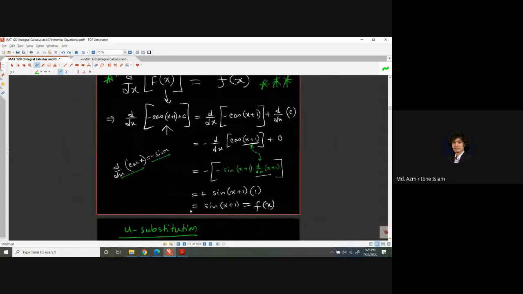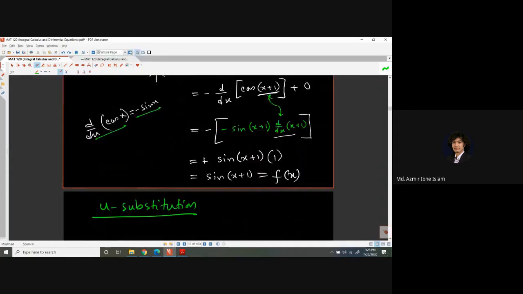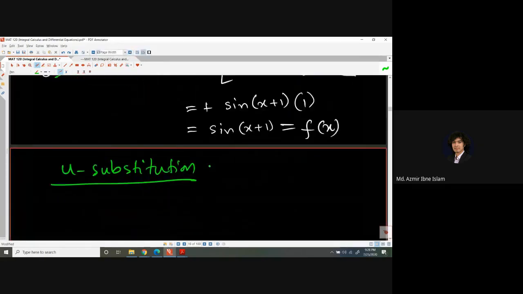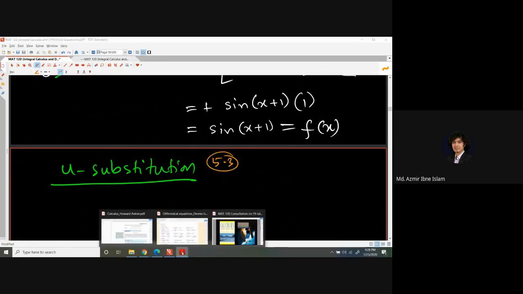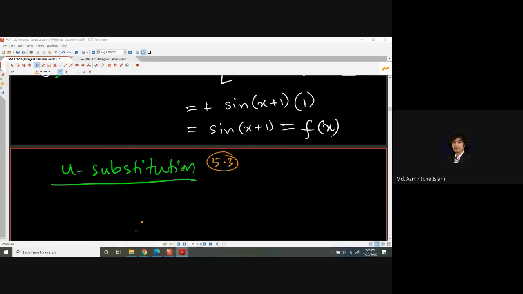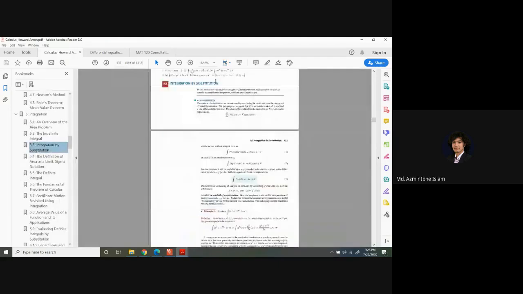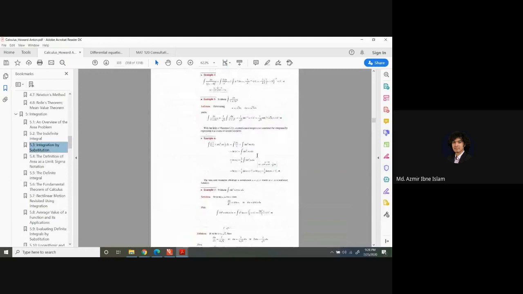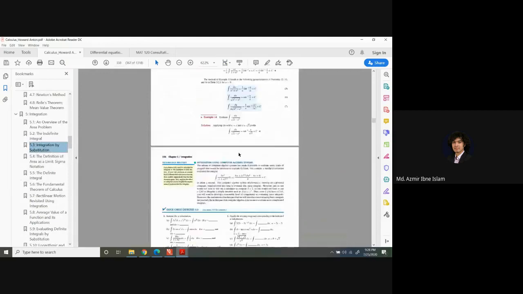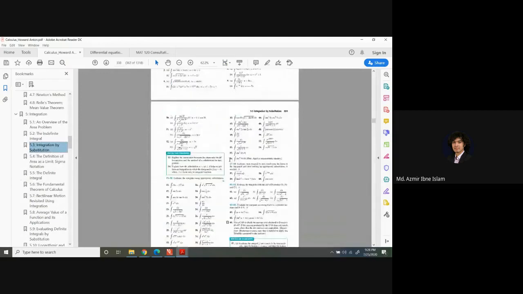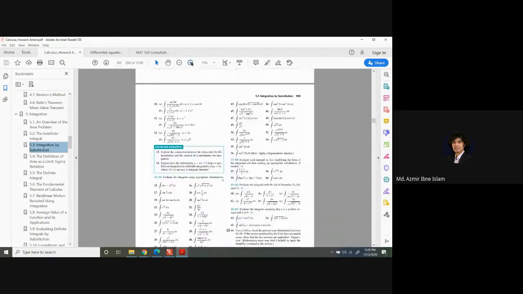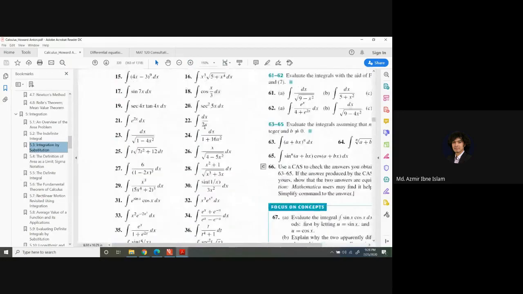You will find the u-substitution method in section 5.3 of Anton's book. Let me take one problem from 5.3. I'm going to the exercise part so that you can have the basic idea from this exercise.